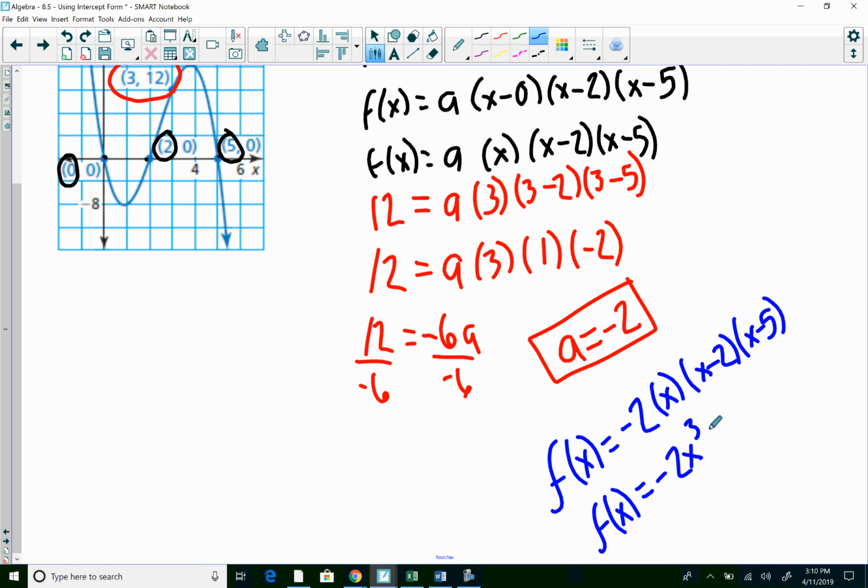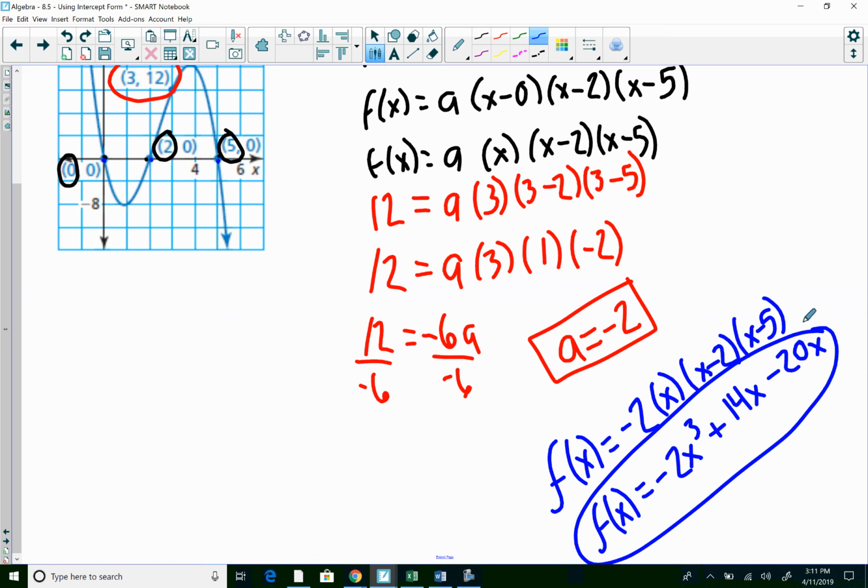You can remember this, that there's 3 x-intercepts up here on the left. So your exponent should be x cubed. So that's going to be negative 2x cubed. You're going to end up with positive 14x squared here, and then negative 20x. And there is that final function.